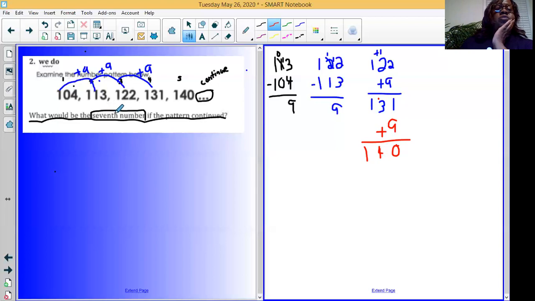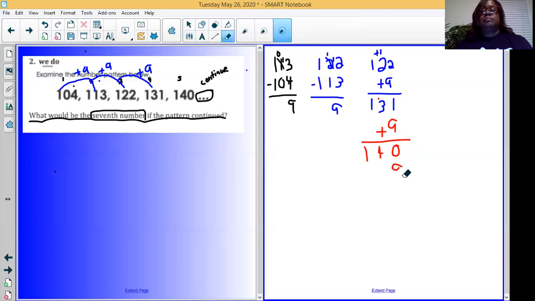So now remember, I'm trying to get to the seventh one. So I'm going to keep adding 9. So now I'm going to add 9. Let's do it. So I'm at 140. So I'm going to add 9.